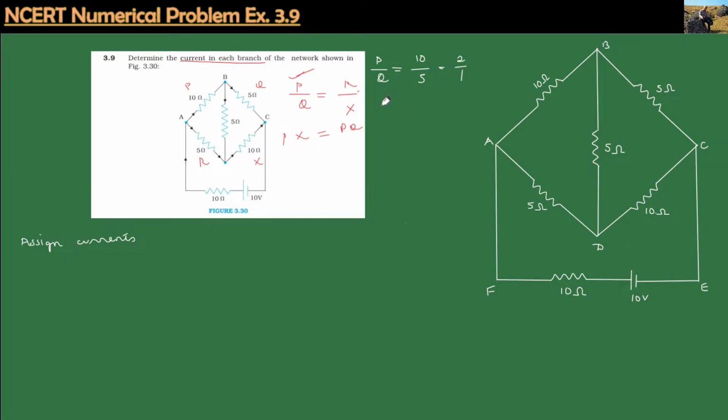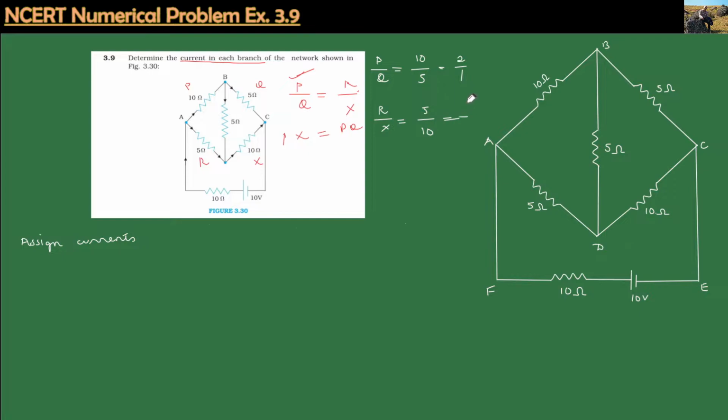Now if we take the ratio of R by X, over here there is R, and over here this is X. What is R over here? R is 5, and X will be equal to 10.